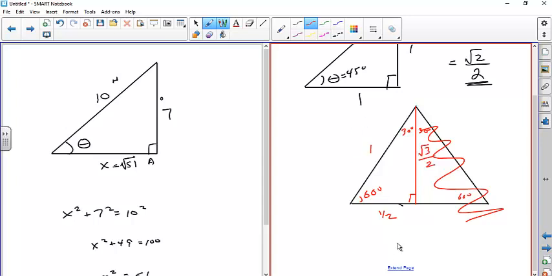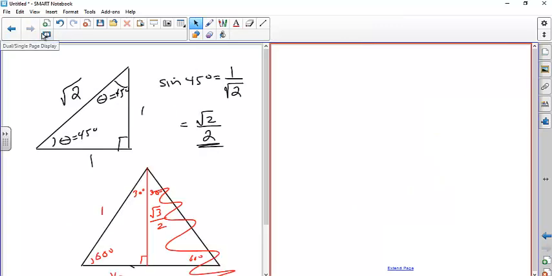Those allow us to get the sine and cosine for 30 and 60 degrees. So even if you forgot the unit circle, you could use those triangles to come up with the values that we need. That's actually the way I remembered it, through triangles, not through the unit circle or SOHCAHTOA.